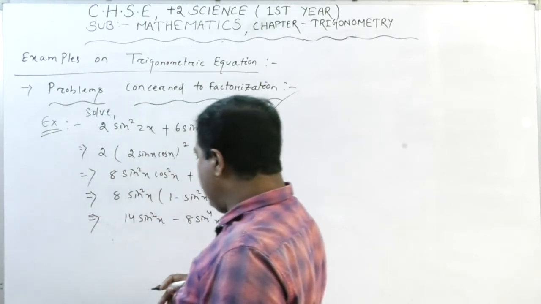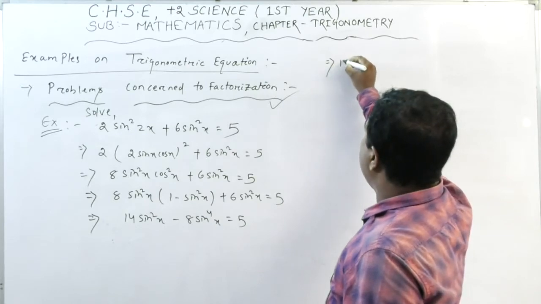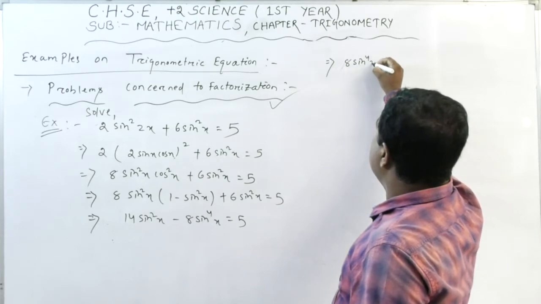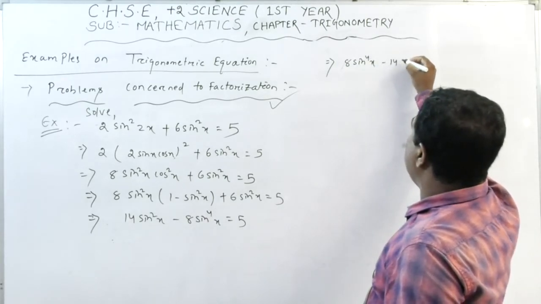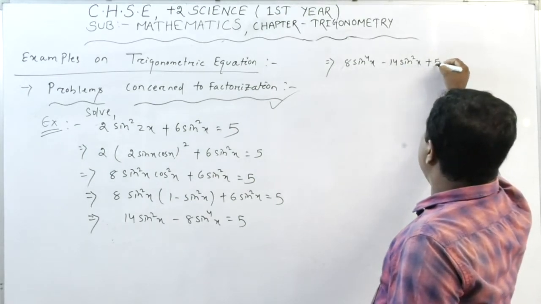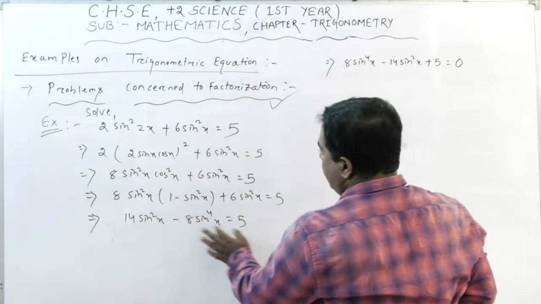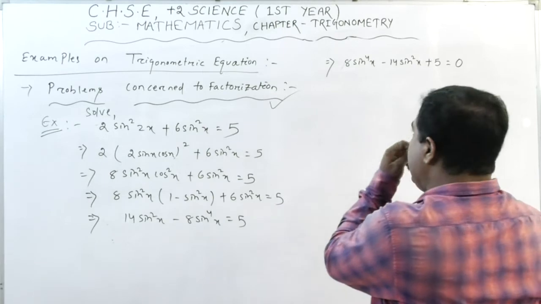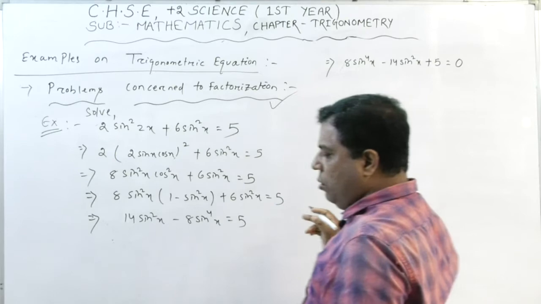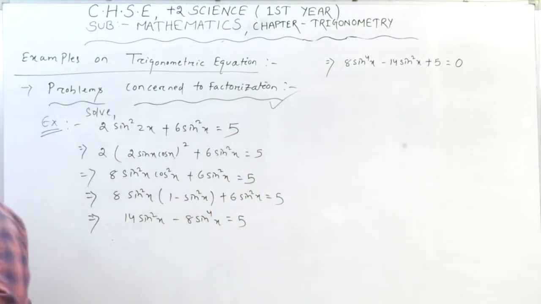Now we can solve it: that implies 8 sin 4th x minus 14 sin square x plus 5 equal to 0. We are taking all the values to one side. Okay dear students, look carefully how I am going to solve it.